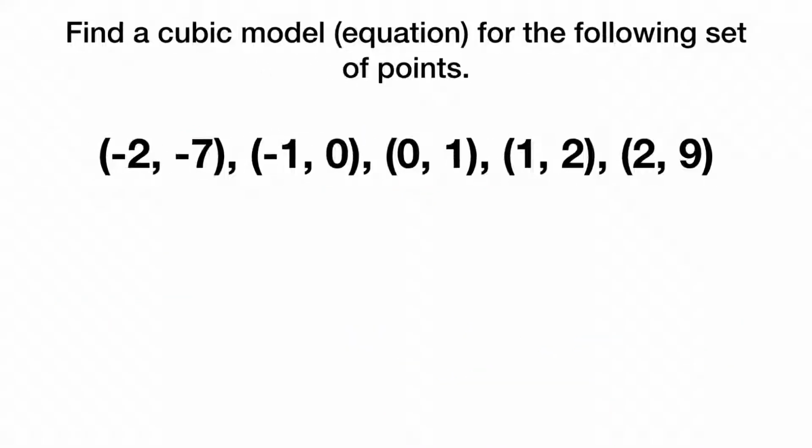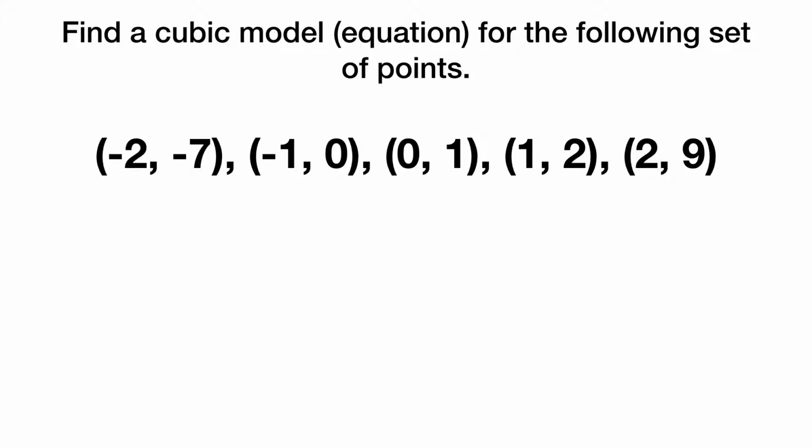All right, let's look at the next one. So if we're trying to find a cubic model, the way we tend to do it is in a calculator. So you go to Stat, and in the Edit bar, under L1, you would just put in your x values. -2, -1, 0, 1, and 2. In L2, we put our y values.